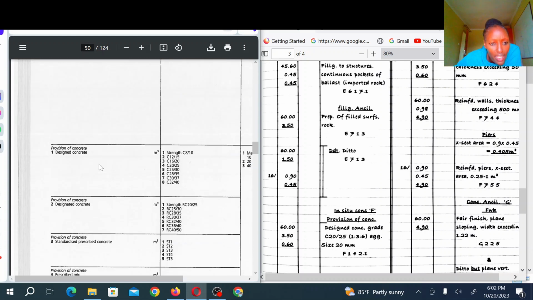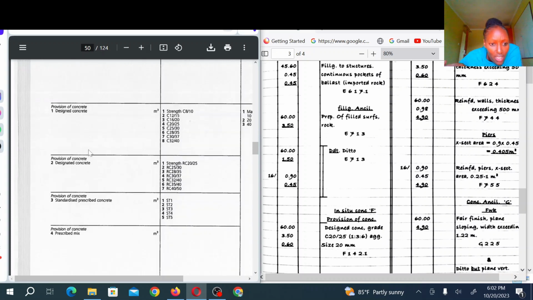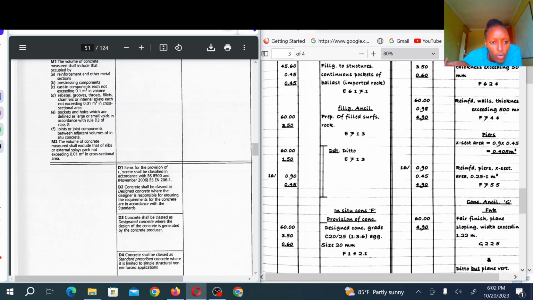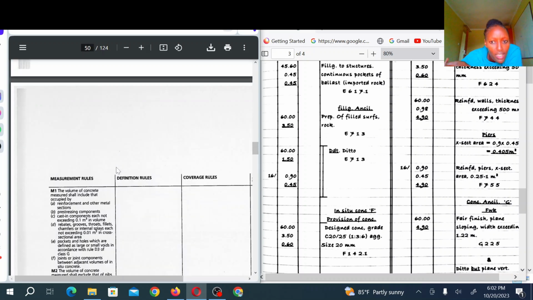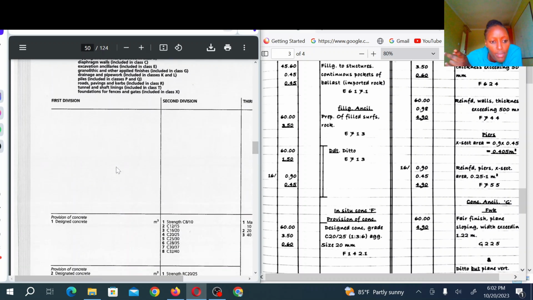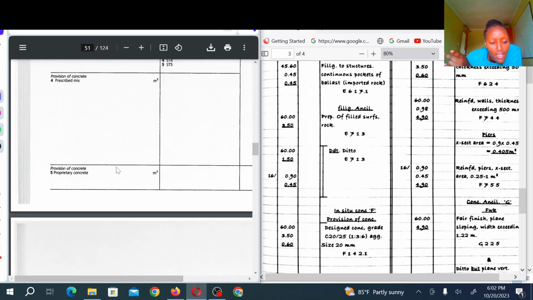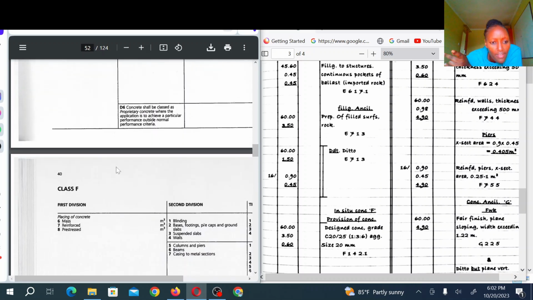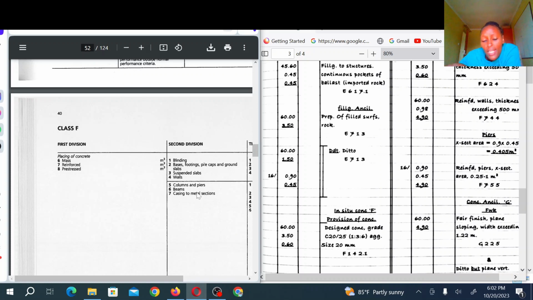But if we look at the in situ concrete, there is provision of concrete, then in the next part we shall have the placing of concrete. So let us measure for the provision of concrete.